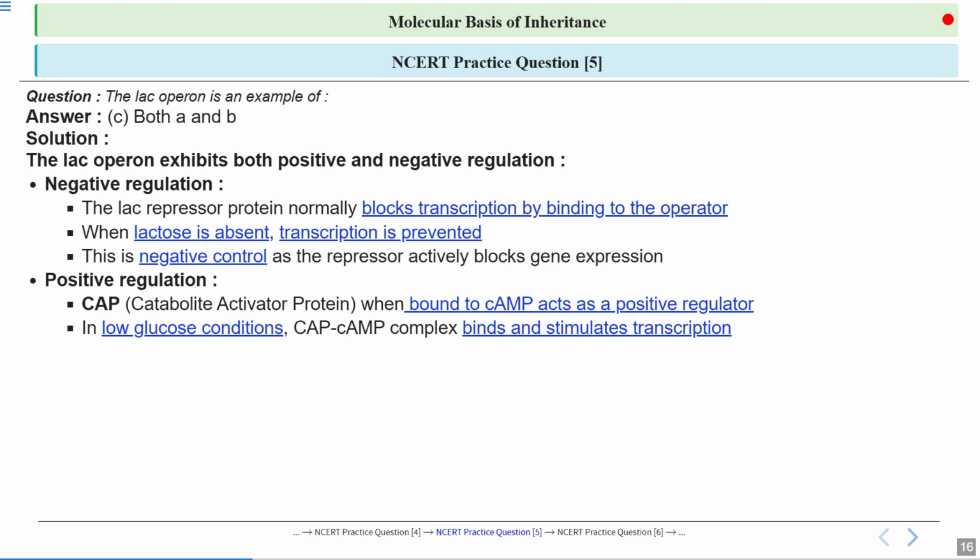In conditions when glucose is low, this CAP-cyclic AMP complex binds and stimulates transcription. That's why this is known as positive regulation. This is positive control as it actively promotes gene expression. This catabolite activator protein is basically activating gene expression.